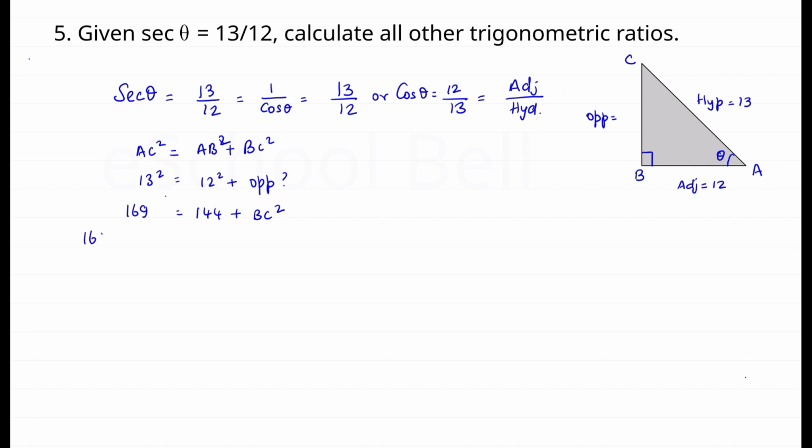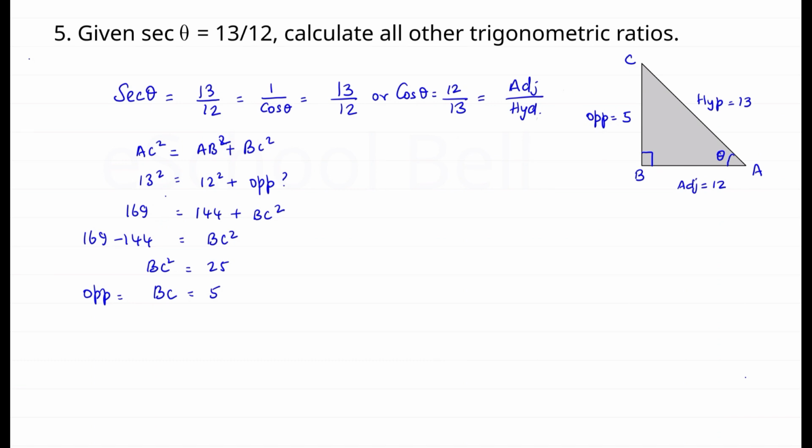So 169 minus 144 will be equal to BC square, or BC square will be 25 and BC will be equal to 5. So BC is basically the opposite side. Opposite side is equal to 5. Now we know all the sides.